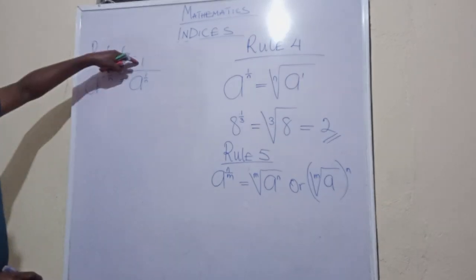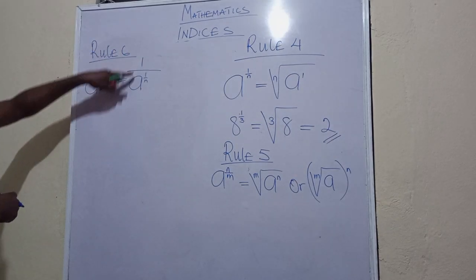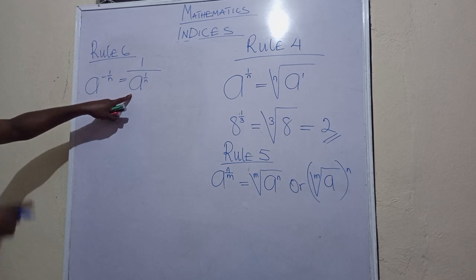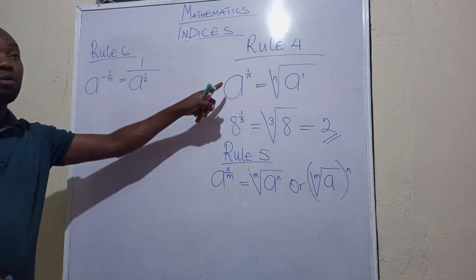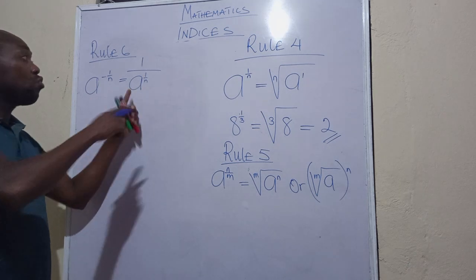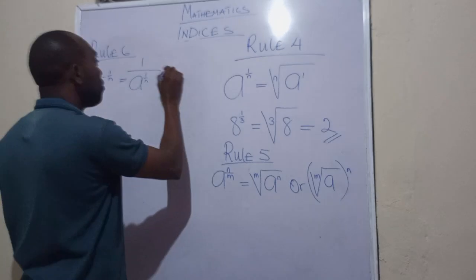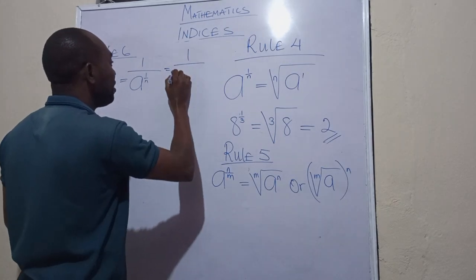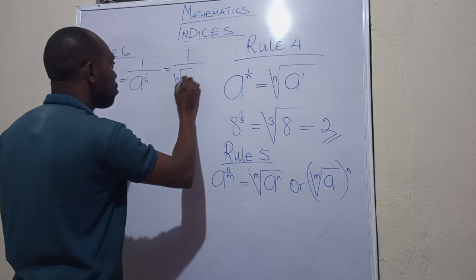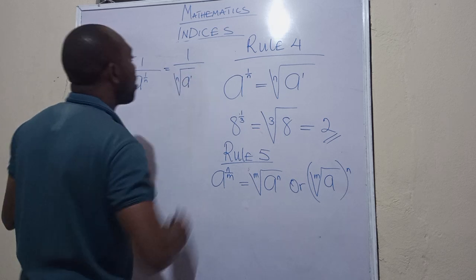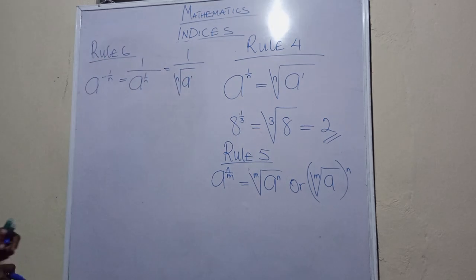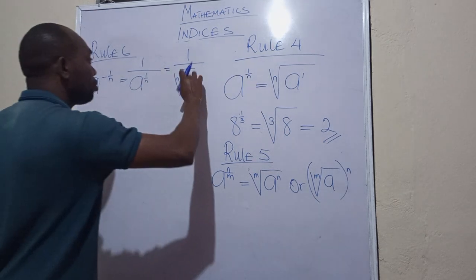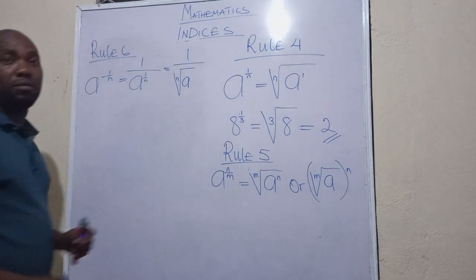So now this was rule 3 playing its role, but now this is rule 4, which we have not yet expressed, which needs to be expressed, and is now going to be 1 all over the n root of a raised to the power of 1, which is also going to be n root of a.